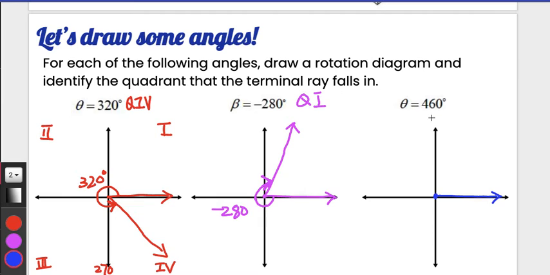As we all know, when we rotate a whole circle, it's going to be 360 degrees. Apparently, we still need more. One rotation is 360, so we need to rotate 100 more because 360 plus 100 reaches 460. So we're going to keep rotating.